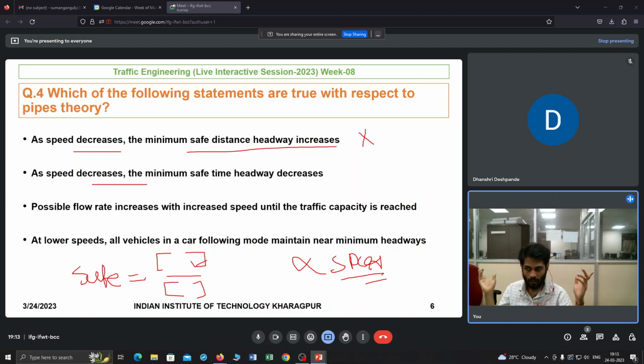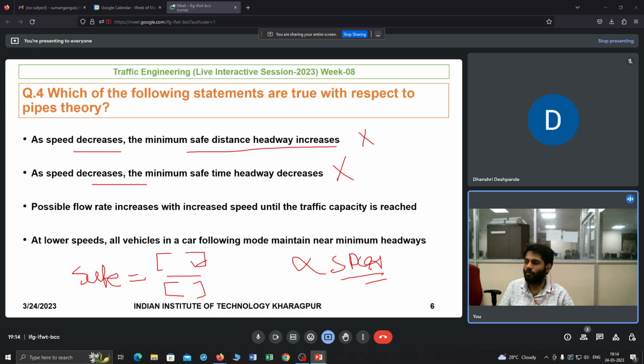It is opposite for decreasing speed. If speeds are decreasing, vehicles will come closer in terms of space, but in terms of time they will be more spaced, because you are going slow, so your time headway will increase. So it is also not true.